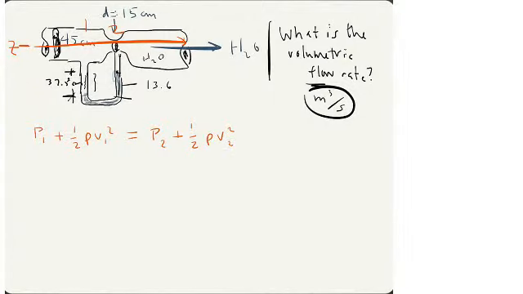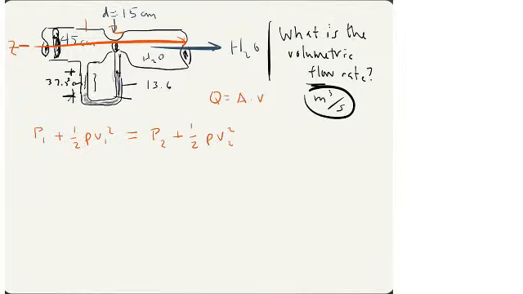I'm presuming it's incompressible flow, so the density is constant as you go across here. Again, we're trying to get to the volumetric flow rate. If we knew the velocity in one of these areas, 1 or 2, we can get the volumetric flow rate by simply multiplying the area times the velocity. So let's work on getting these velocity terms.